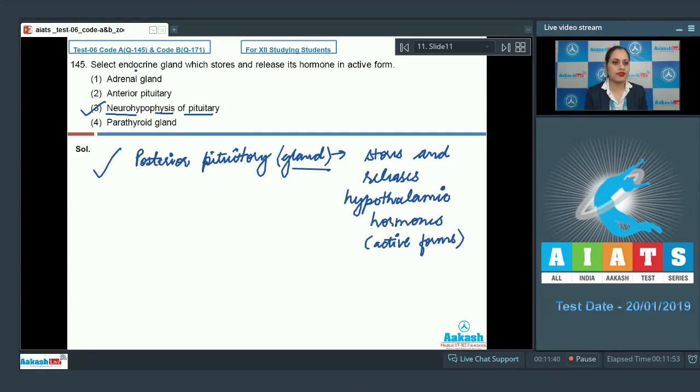The other options given are adrenal gland, anterior pituitary and parathyroid gland, and these are the incorrect options because these glands do not store its hormone in active form. Thyroid gland is the only endocrine gland which stores and releases its hormones in active form. So the correct answer to this question is option number 3. Let's discuss our next question.